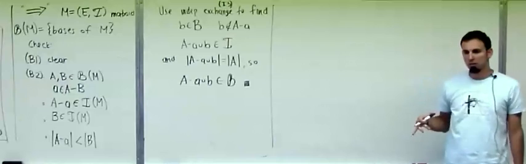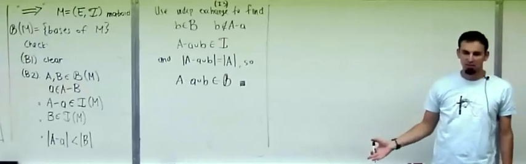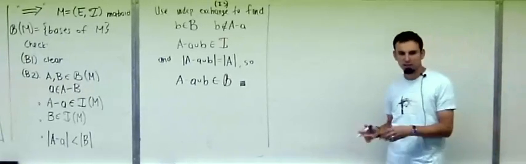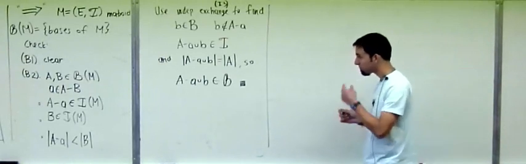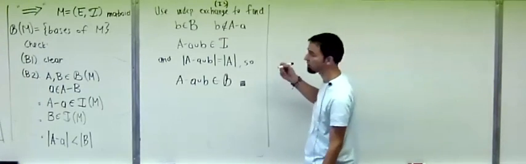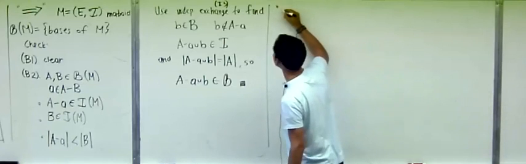In other words, the basis exchange axiom follows easily from the independence exchange axiom. That's one direction. Any questions about that direction?